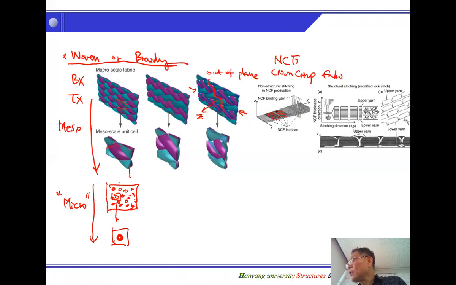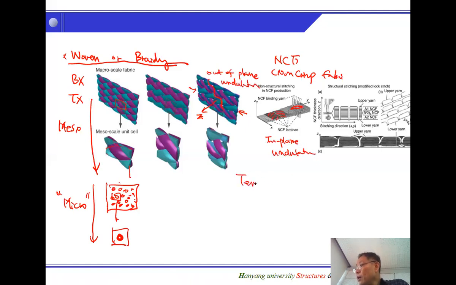But when we stitch, this one will have a stitch, and the tow opens up like that. So we would have an in plane undulation. This is out of plane undulation.